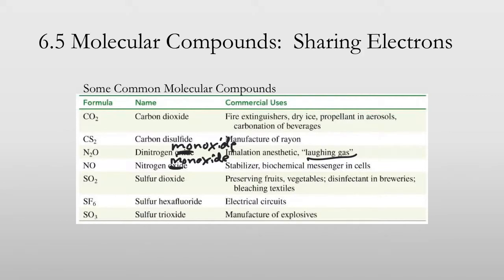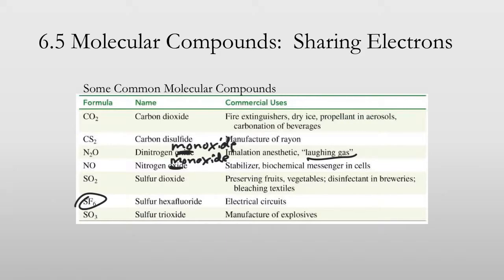Sulfur dioxide is a preservative in fruits, vegetables. It's a disinfectant in breweries and bleaching in textiles. Sulfur hexafluoride is used in electrical circuits. An interesting fact is if you breathe in sulfur hexafluoride, your voice will get really deep.